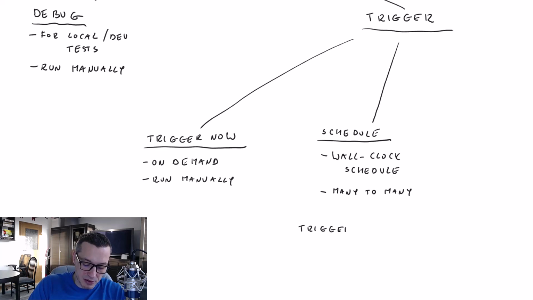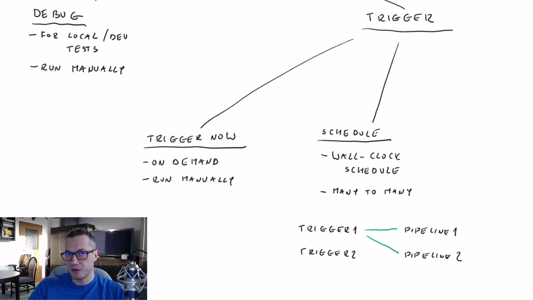Let's say we've got 2 different triggers, trigger 1 and trigger 2, and 2 different pipelines, pipeline 1 and pipeline 2. And we could configure it like this: the first trigger is used to start both of our pipelines.